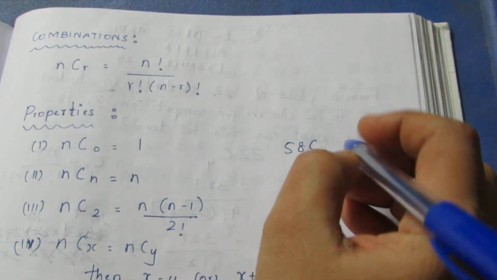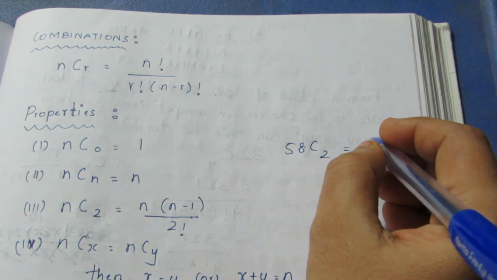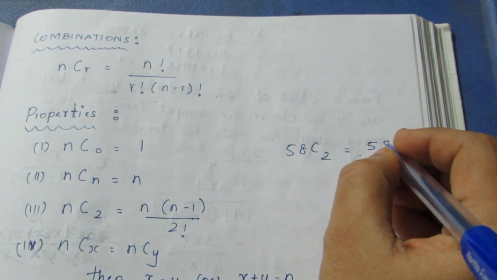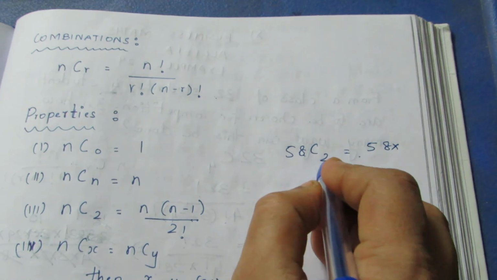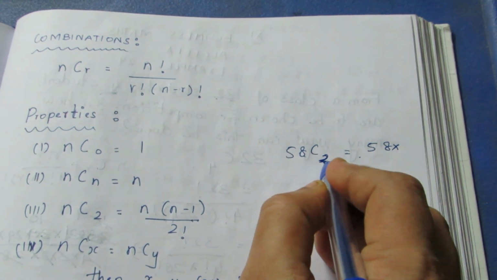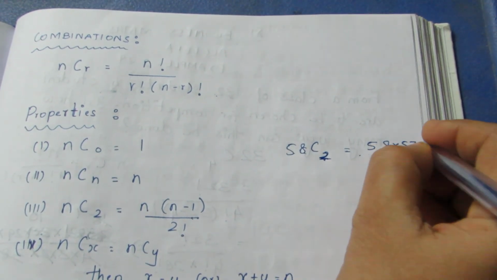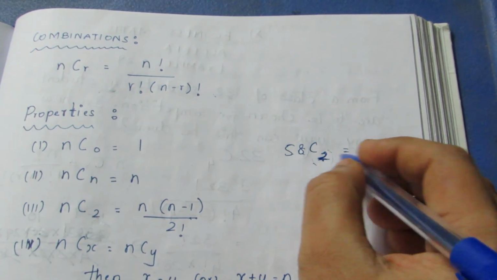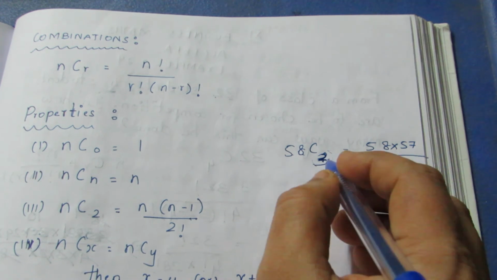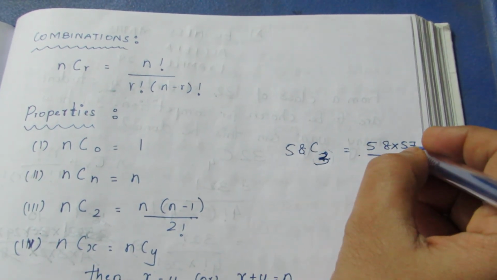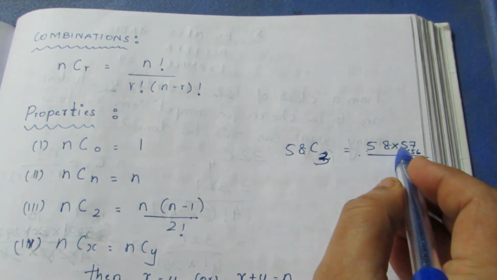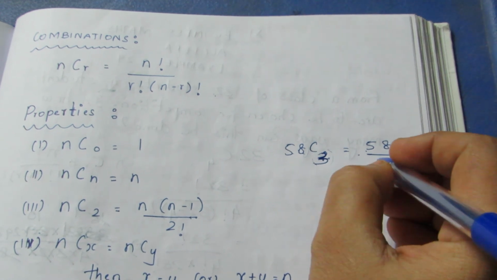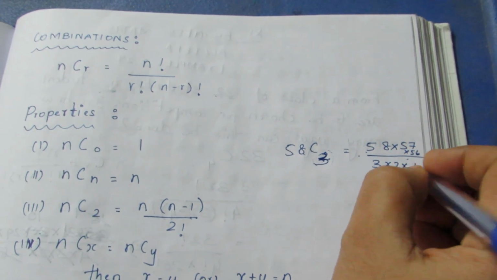This is quite easier, because here you can write 58 into 57, you need to write the descending two values, by the 2 factorial, by the r factorial. That is, here it is 2. It can be 3 also. If it is 3, then it will become 58 into 57 into 56, I have written 3 descending values, by the 3 factorial, that is 3 into 2 into 1.